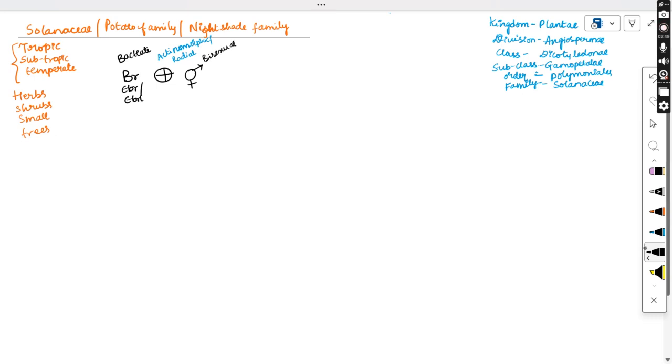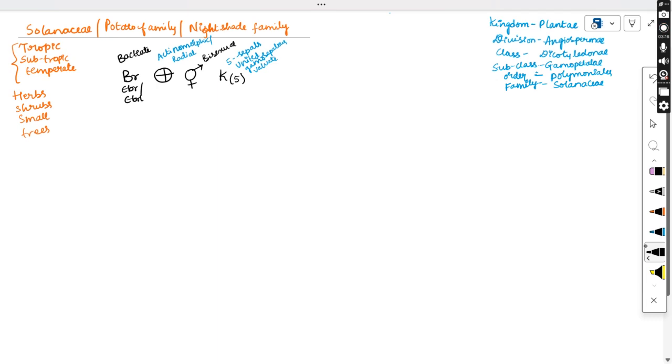Coming to the calyx, there are a total of 5 sepals which are in fused condition. So 5 sepals are there in total, and they are united, so they are gamosepalous. If they are free, we call it polysepalous. If they are fused, we call it gamosepalous. And they show the valvate type of estivation.